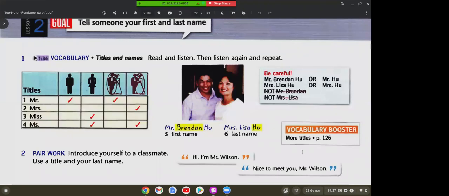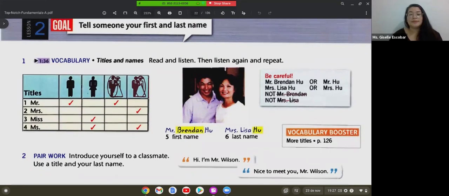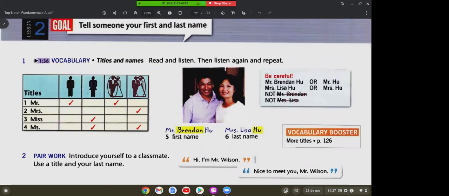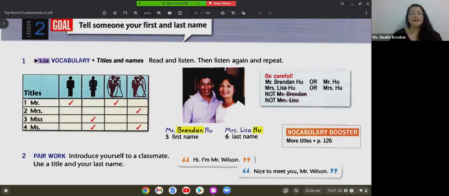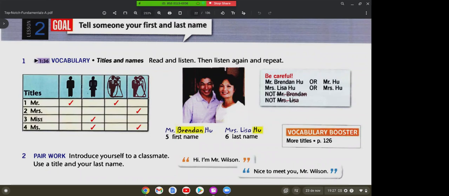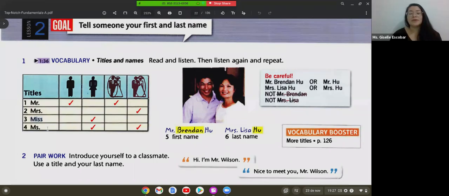Teacher, one question. Go ahead. In the titles, number 4, what is the pronunciation? Miss? Same as number 3? Yeah, it's the same. Miss.